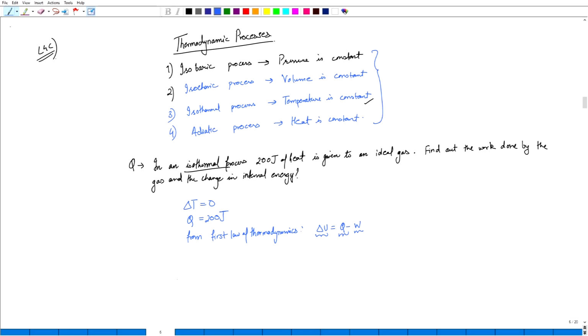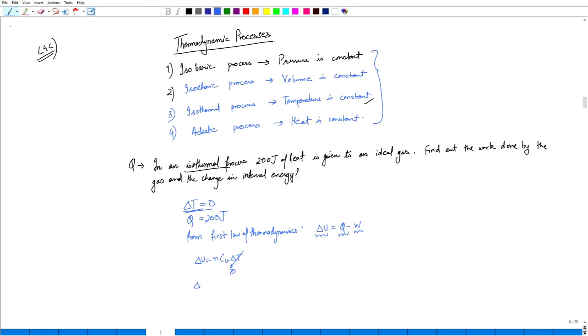For any process, delta U is defined to be n CV delta T. Because it's an isothermal process, we have already defined delta T to be 0.